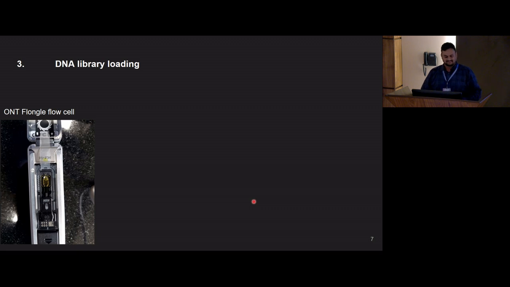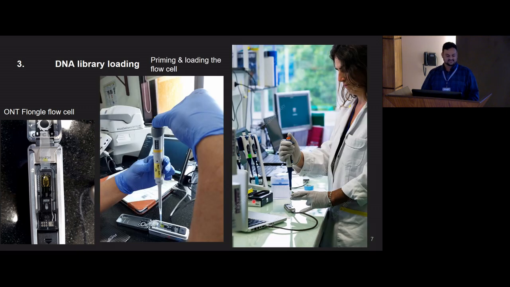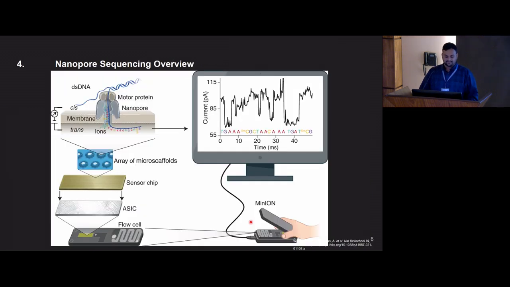Yeah. Just a visual representation, that is the Flongle flow cell, which fits in the palm of your hand. You then proceed first by priming the flow cell. They provide all these reagents with the kit. You then load the sample, and it is already hooked up to the computer, and you just hit start sequencing, and it will do the work for you.